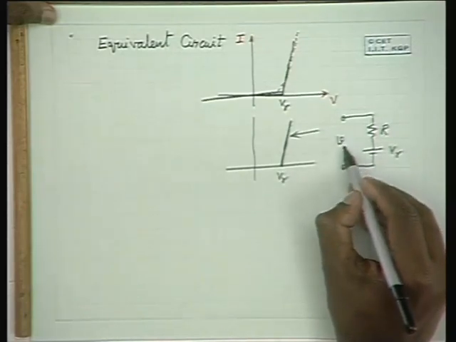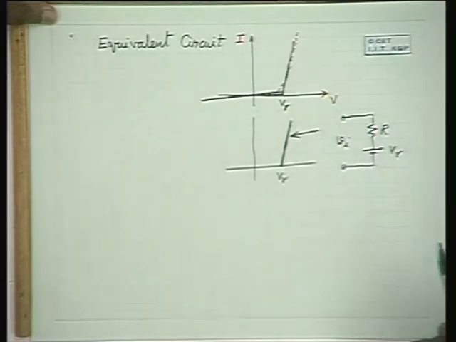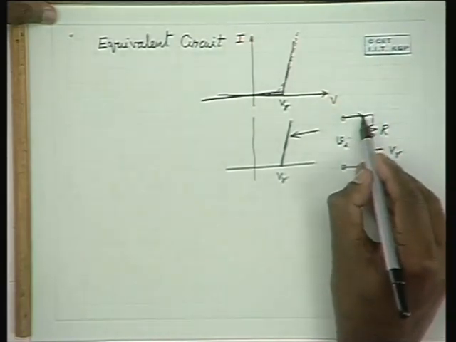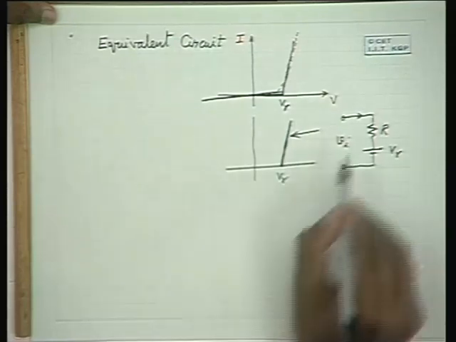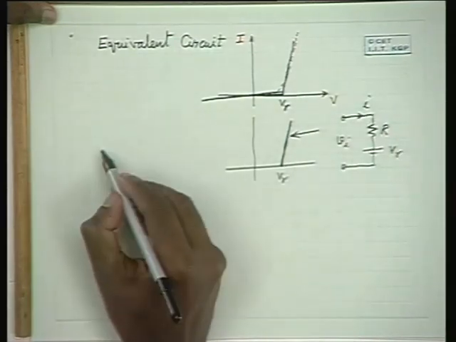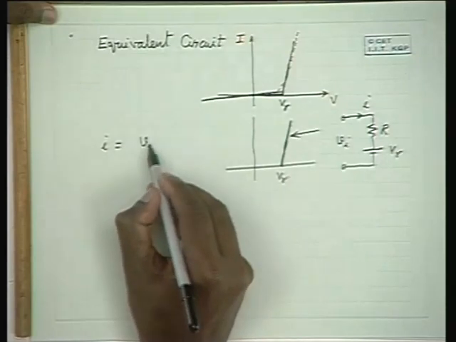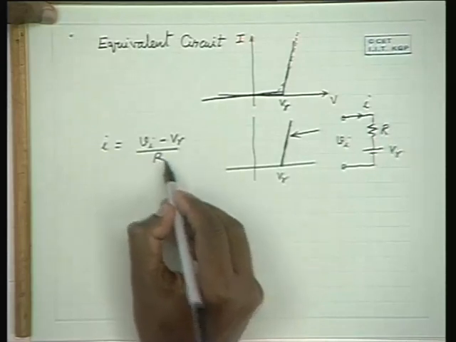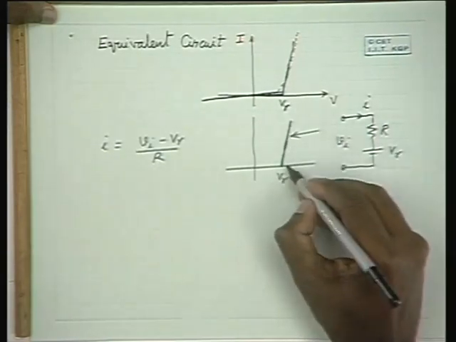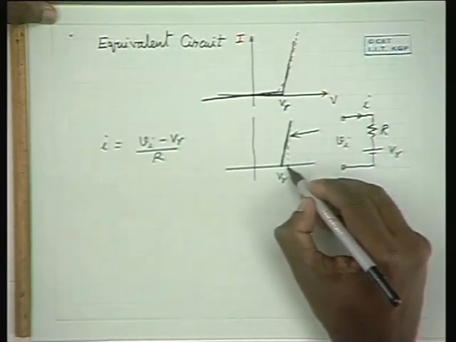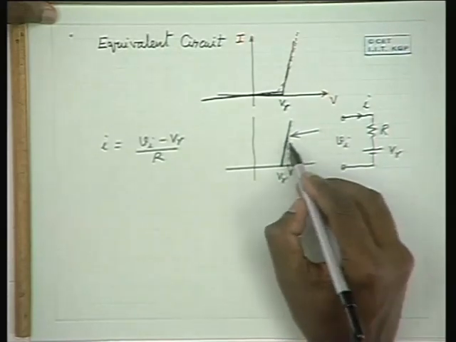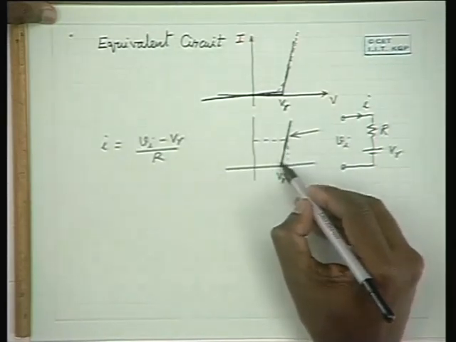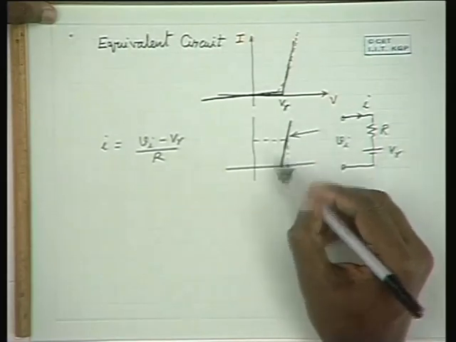When the applied voltage Vi is more than V gamma, what is the current flowing through this circuit? I is equal to (Vi minus V gamma) by R. Don't you think, if this is V, if this is V gamma, the current that is flowing is proportional to V minus V gamma? Because this equation is a straight line.